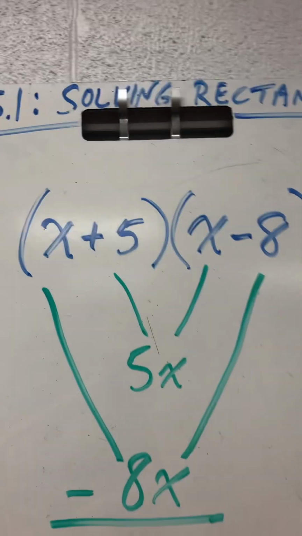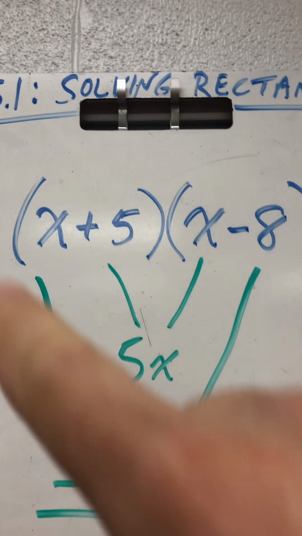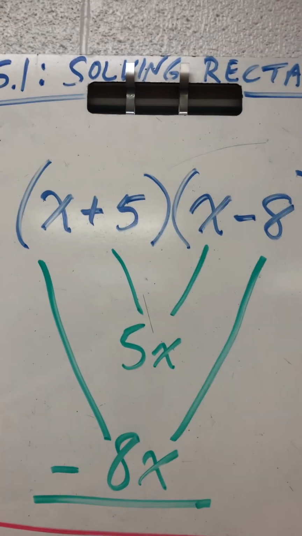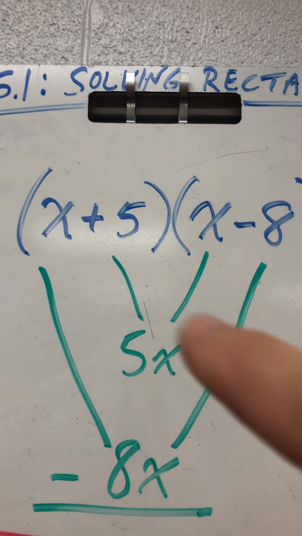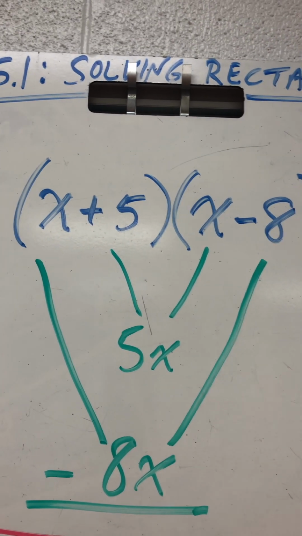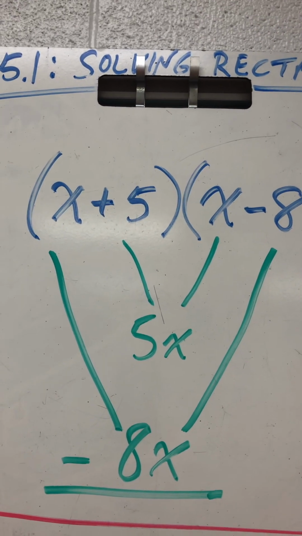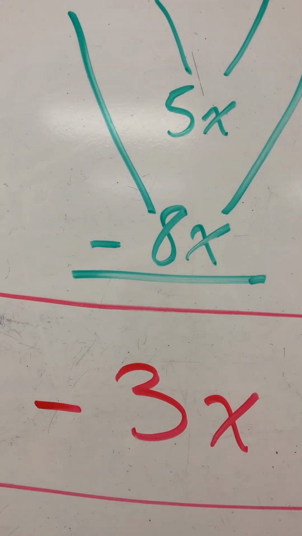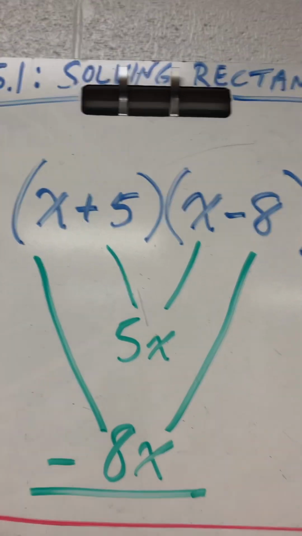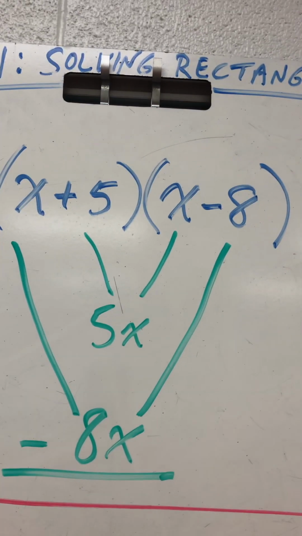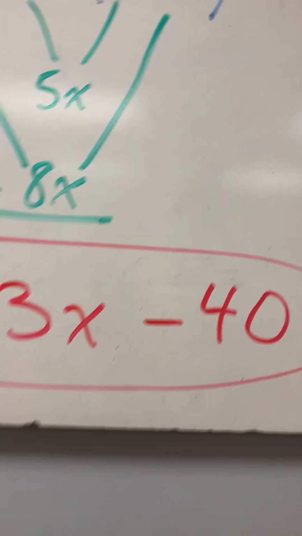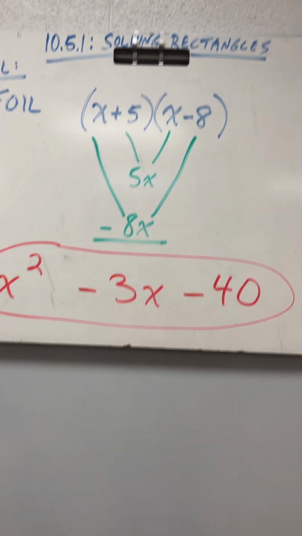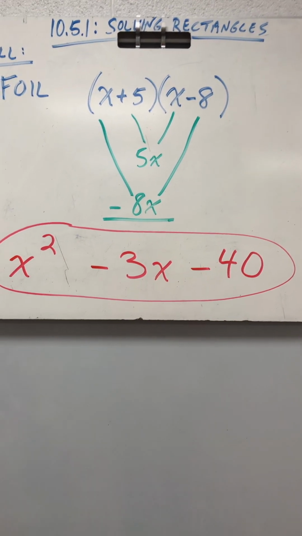X times negative 8 makes negative 8x. And then I for inner. 5 times x makes 5x. Put that together, you get negative 3x. And then last, 5 times negative 8 is negative 40. So your answer would be x squared minus 3x minus 40.